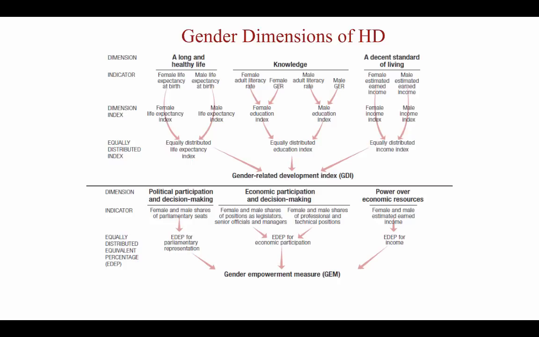One way to measure such empowerment is to look at how well political participation and decision-making is distributed between the genders, or how well males and females are able to participate in the economies, and how well power is shared over the economic resources. Countries with higher human development indices could be said to have a more robust concept of social justice.